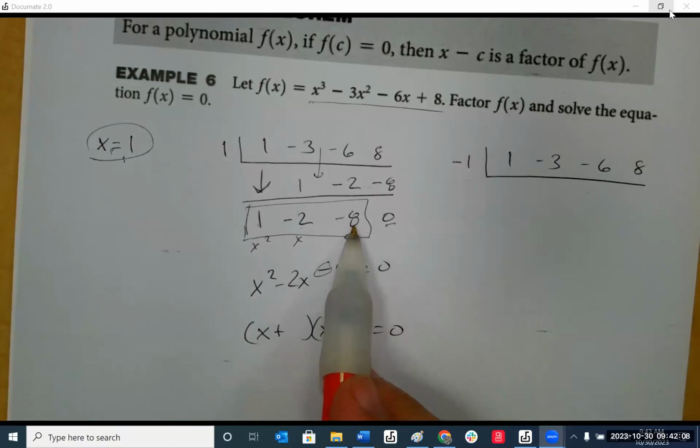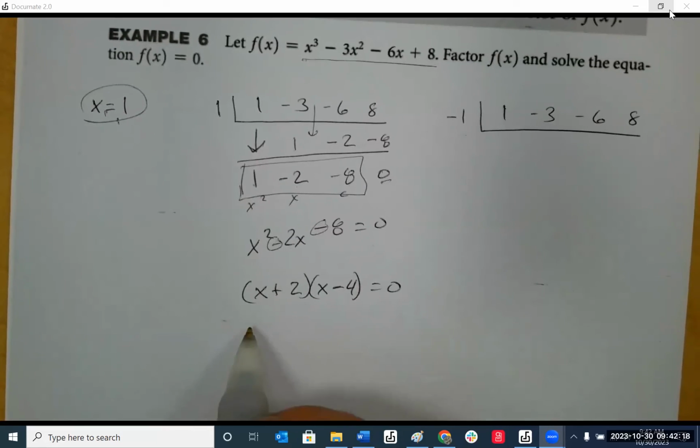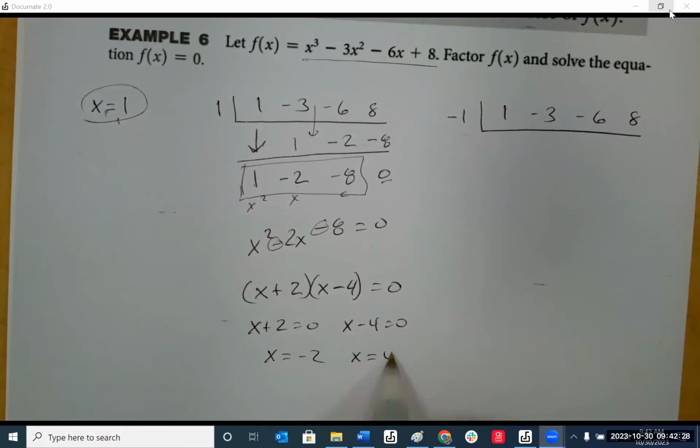What times what is 8? When you subtract them, you get 2. 2 and 4. And the bigger number gets negative. So that's a 4 and that's a 2. Set them both equal to 0. Answer is -2. Those are your zeros. That's how we use synthetic division to solve polynomials.